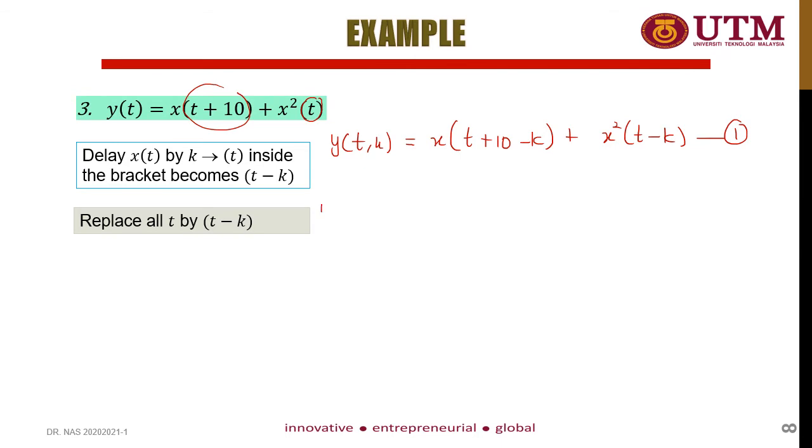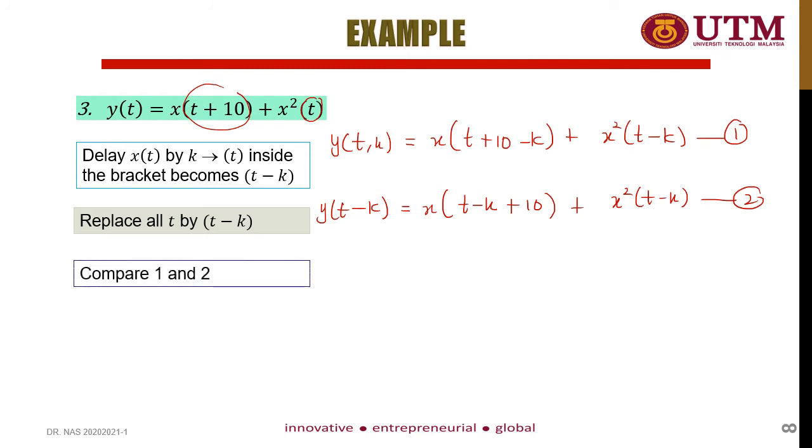So now y(t minus k) equals x(t minus k plus 10) plus x squared (t minus k). So this is the second equation. Third, compare the first and the second equation. In this case, we can notice that 1 is equal to 2. So the system is time invariant.